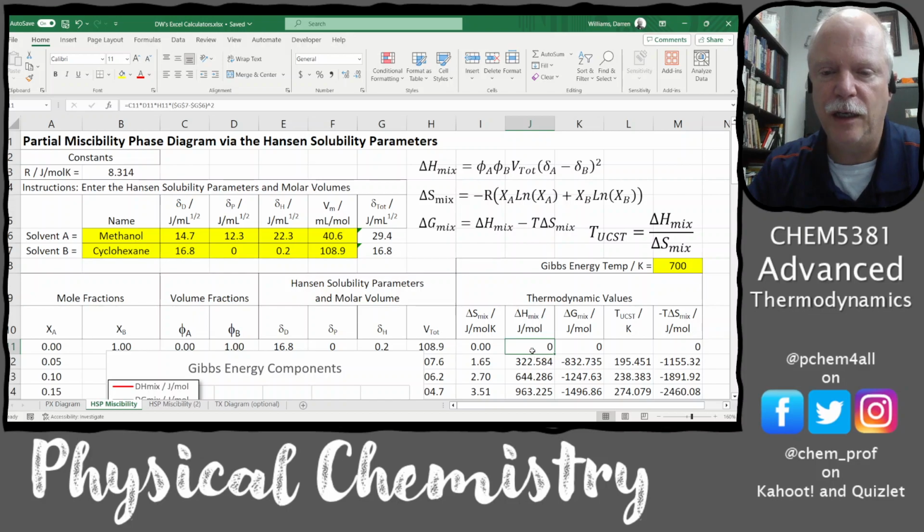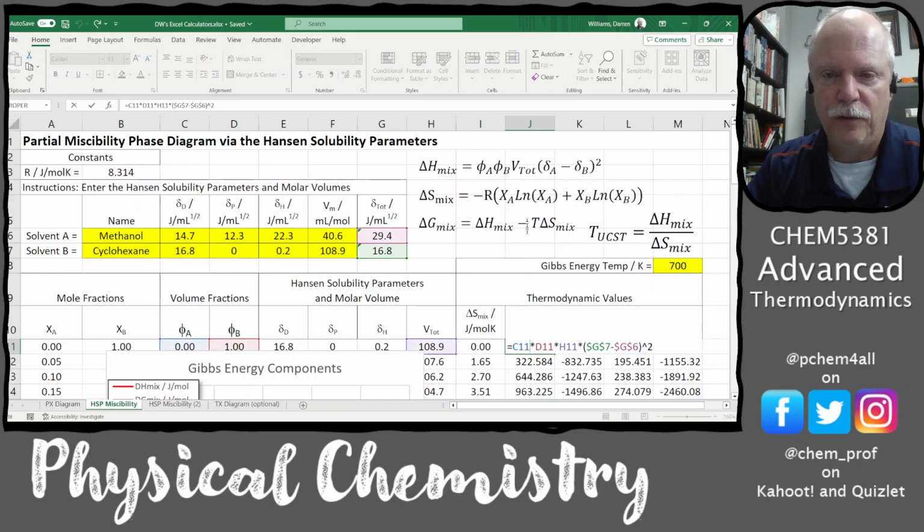Let's calculate delta H. So again, if we look at the formula, it's those volume fractions. Whoa, what happened? Okay, so it's volume fractions times the total volume, which we've calculated here for every mixture, times the difference in the solubility parameters, the total solubility parameters, squared.